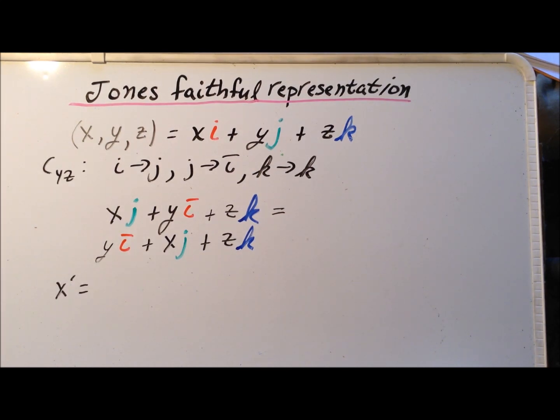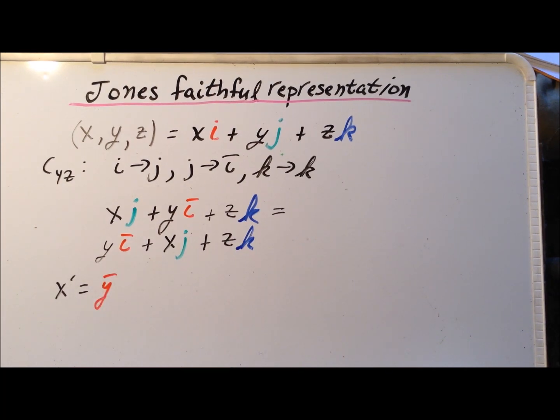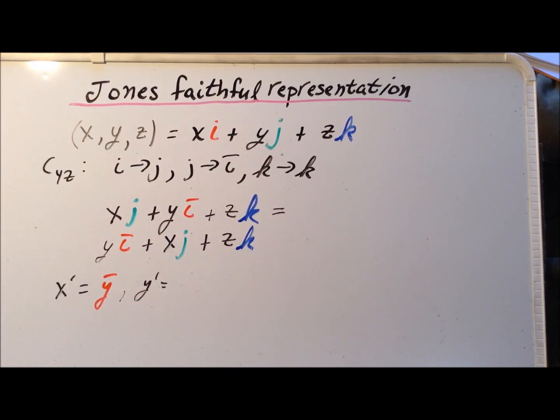So how do we find what x prime is? x prime is the new coefficient of the i vector, which is going to be minus y. The new value for y prime is going to be whatever the coefficient of j here is, and that turns out to be x.